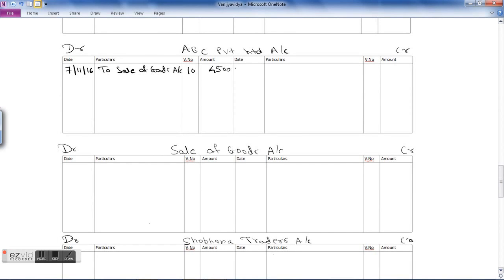Voucher number is 10. The second effect will give to sale of goods account. Okay, so date is 7/11/2016, by ABC Private Limited account, voucher number 10, amount is 4,500.